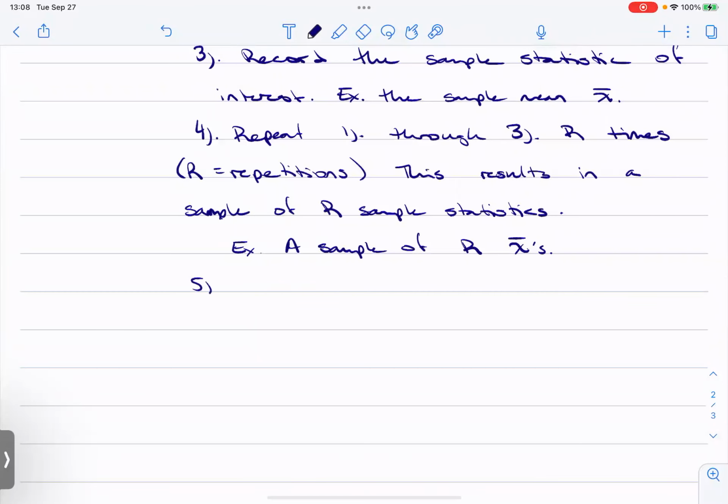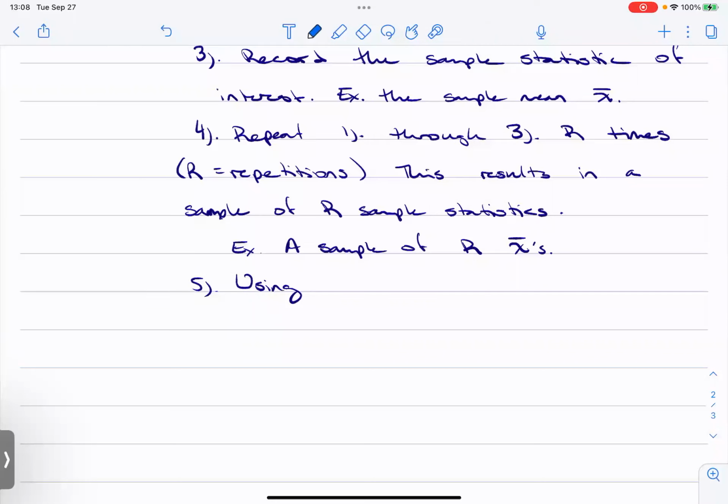So step 5, using the sample of statistics. This is when I stopped saying sample statistics. It had to stop at some point, right? It's redundant.